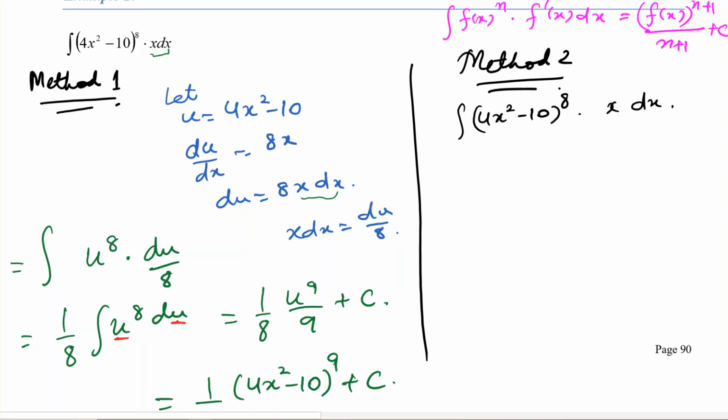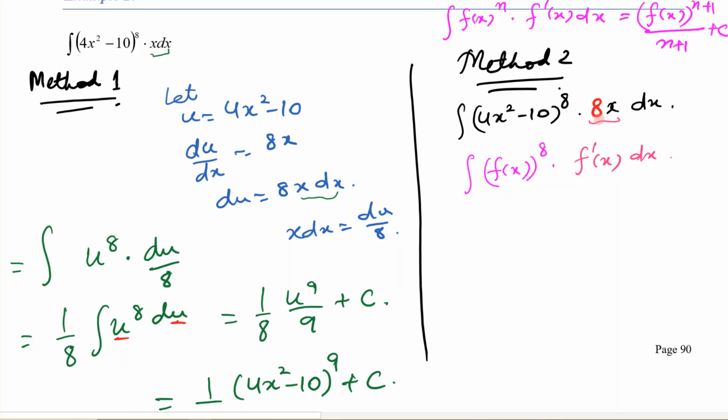In this case, I consider f(x) raised to power 8, and in order to make the differential of this, what would be the derivative of 4x squared minus 10? That would be 8x. It means we need another 8 here to make f prime x. So that will make my f prime x dx.